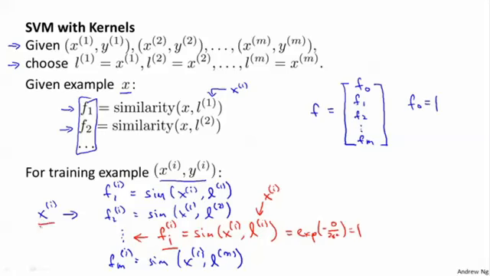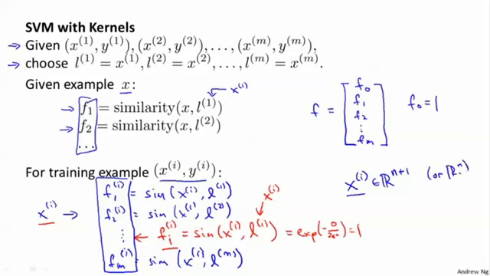Then, similar to what I had above, I can take all of these m features and group them into a feature vector. So instead of representing my example using xi, which is an Rn or Rn plus 1 dimensional vector, depending on whether you count the intercept term, we can now represent my training example using this feature vector f.